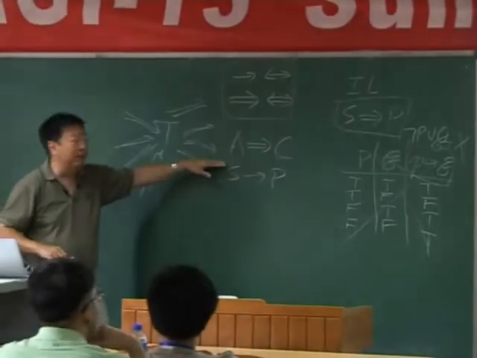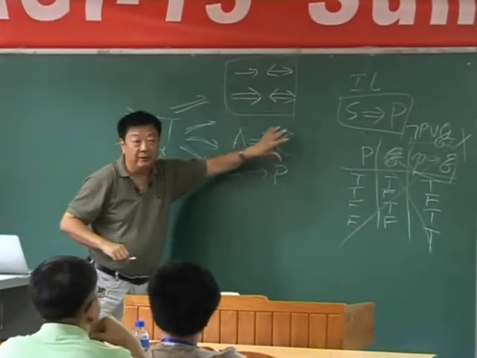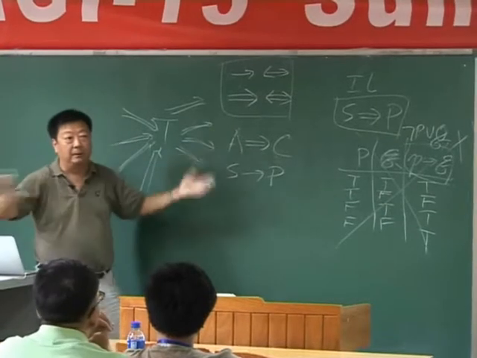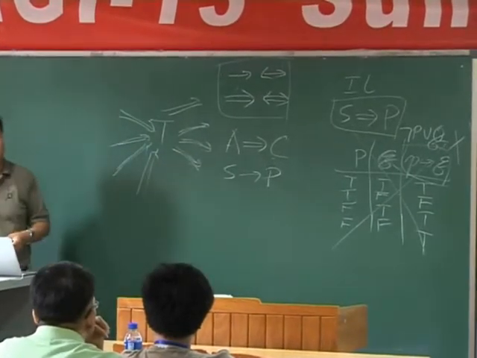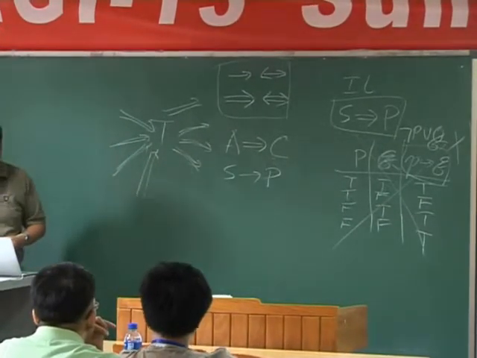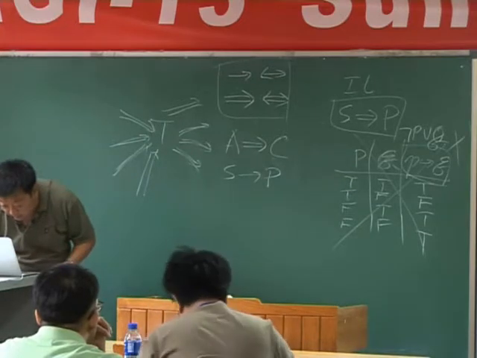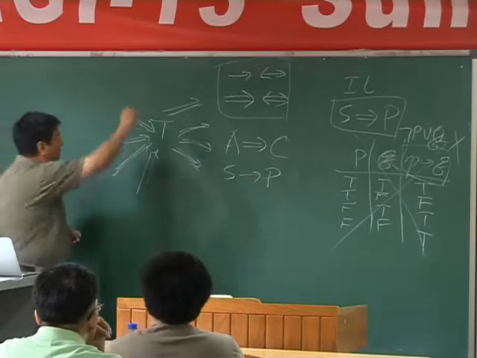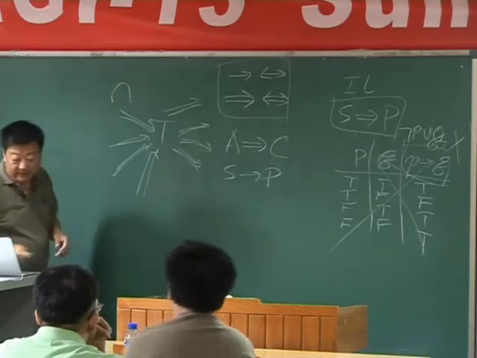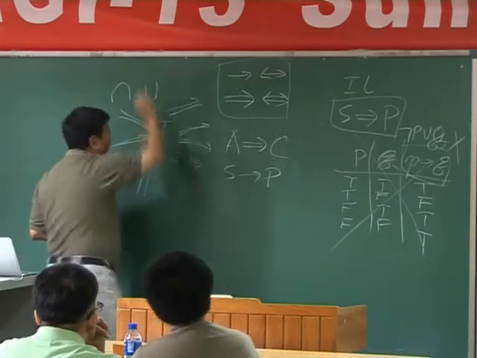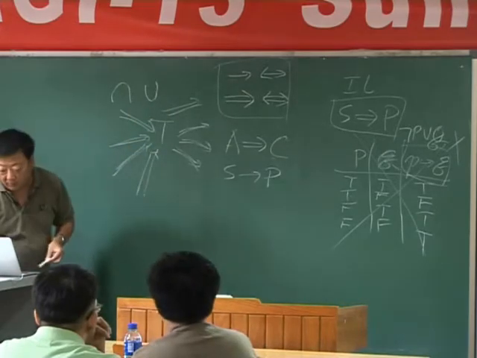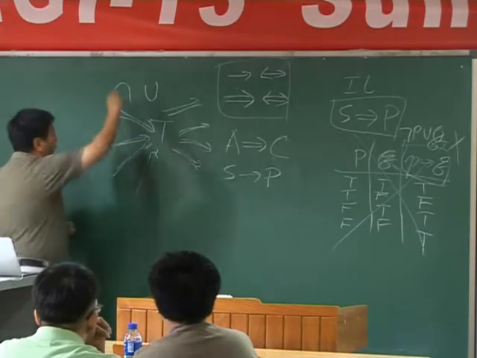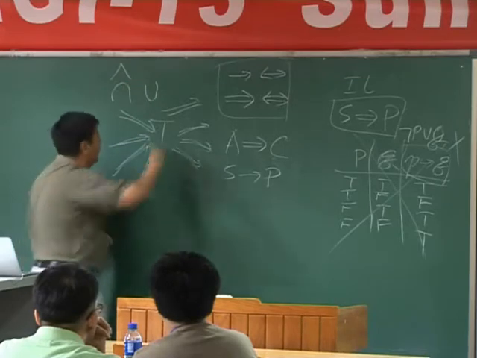If this is true, we say this is a sufficient condition of this, and this is a necessary condition of this. That's the traditional usage. Then extensional intersection, which is this, and intensional intersection, which is this, naturally correspond to conjunction, which is this, and disjunction, which is this.